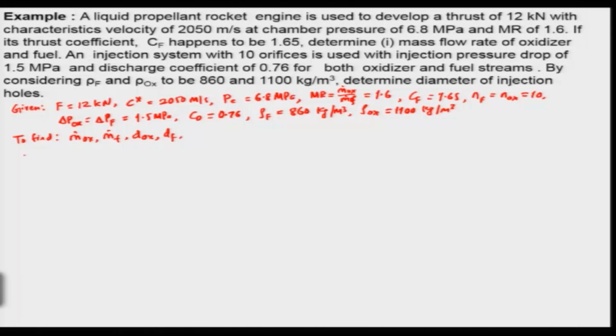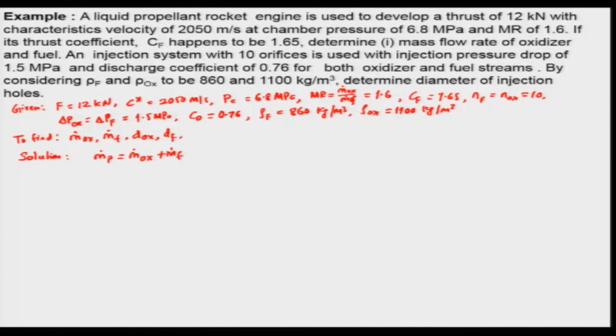So, let us look at how we can solve this problem. Because MR is given, that is the ratio of m dot oxidizer to m dot fuel, what we need to find is the total propellant flow rate, m dot p, which is m dot oxidizer plus m dot fuel.